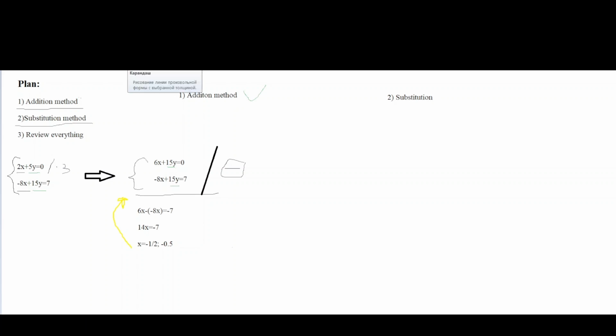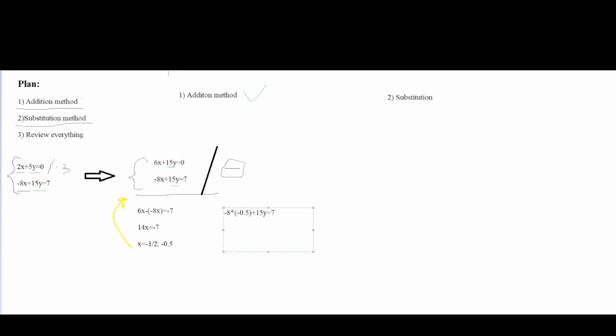Okay, let's put it into the second equation, and then it becomes like this: minus 8 multiplied by minus 0.5, I changed the color and forgot to change it again, plus 15y equals 7.